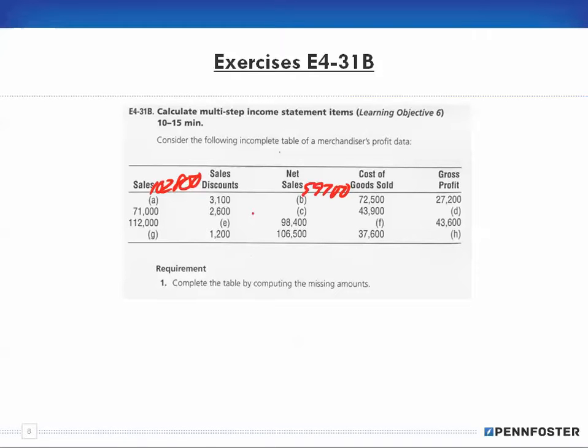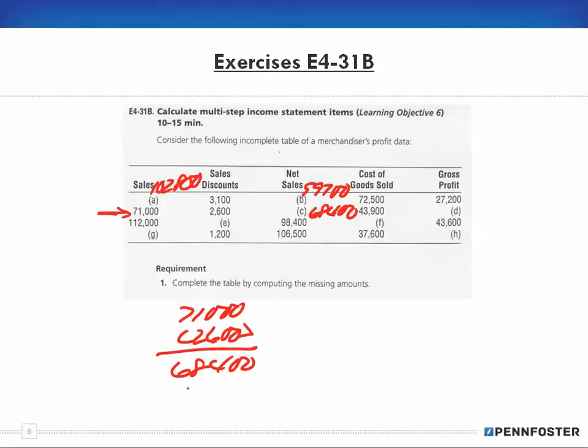Okay, let's see. Letter C. For this line, we're actually working in the forward direction, because we have sales of 71,000, and then we take out our discounts of 2,600, and that gives us $68,400 for our net sales.